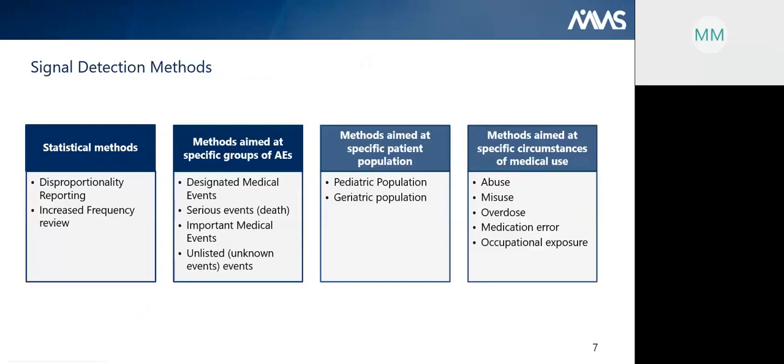Due to time constraints for the FHUSE challenge preparation, our MMS team focused on statistical methods of disproportionality reporting, statistical methods of increased frequency review, as well as on methods focused on identification of a specific group of adverse events that would allow us to prioritize safety review irrespective of statistical criteria used by the below two methods. And for that, we used a designated medical event list, fatal events, important medical event list. Next slide, please.